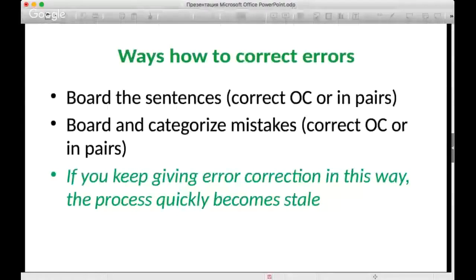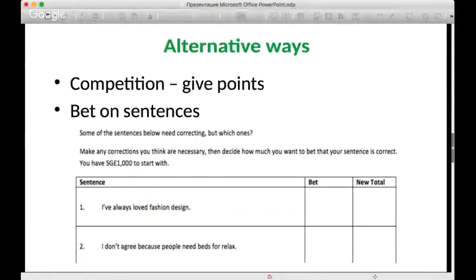But there are also some other interesting ways that can help you and your students correct their mistakes. The first one is competition. It means that your students work together in pairs or in groups.